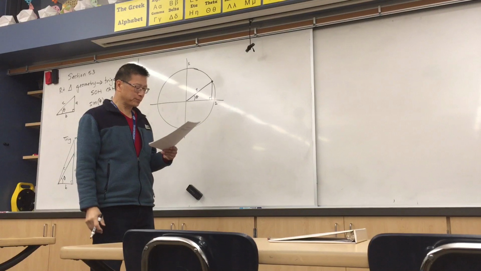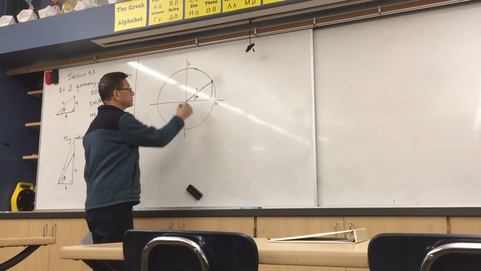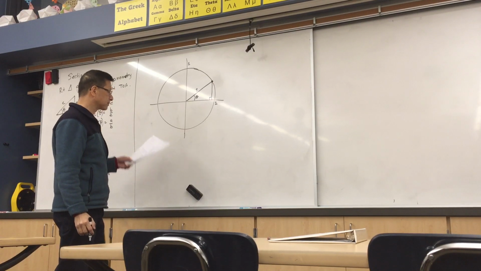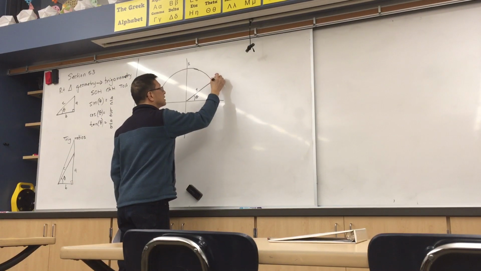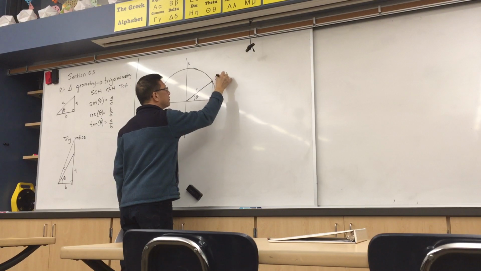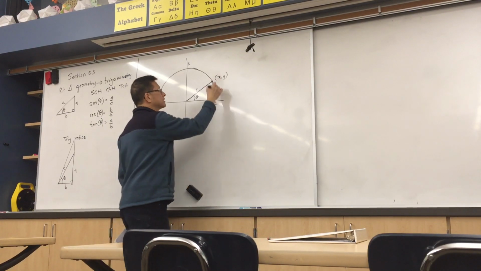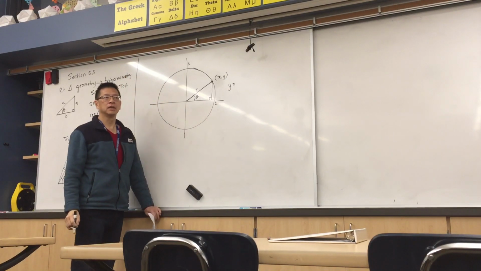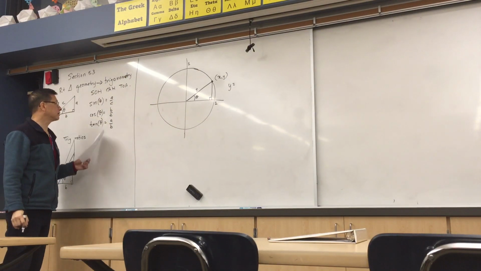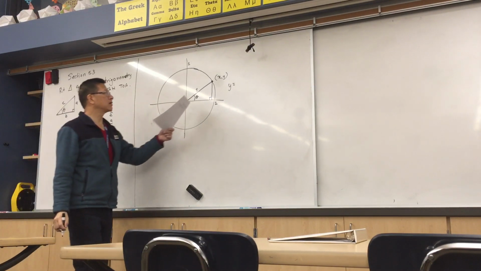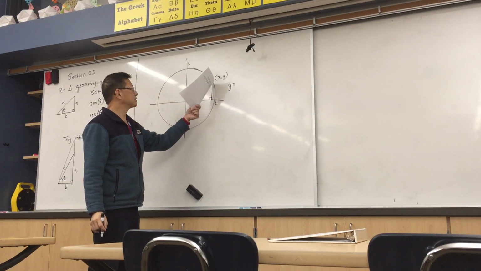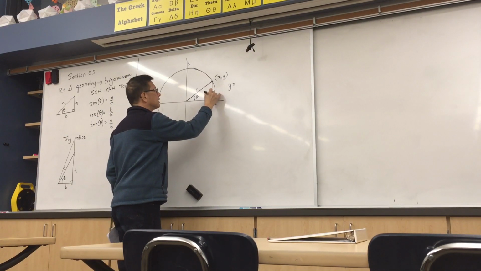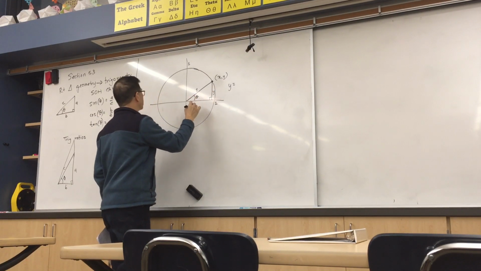So what we can do is look at this right triangle and this point x, y. In terms of right triangles, y is equal to A over C, so this is the y here, which is equal to c.